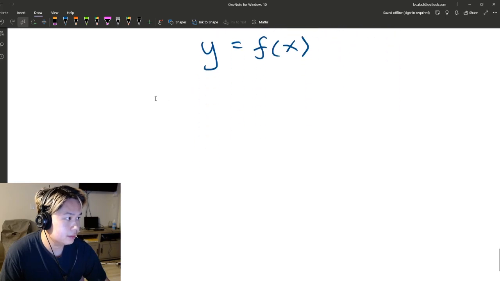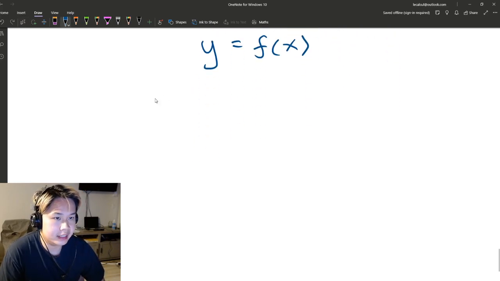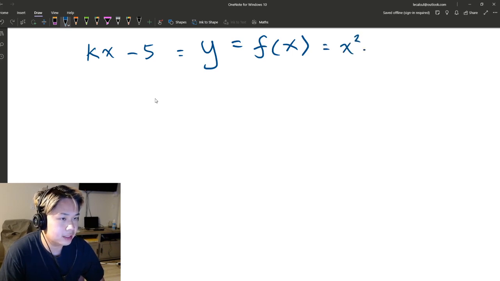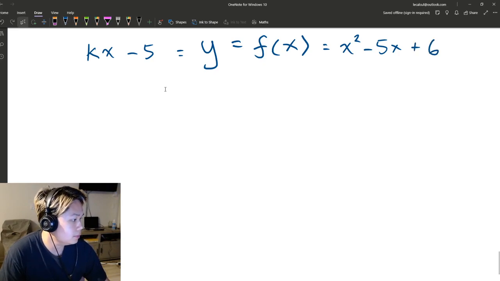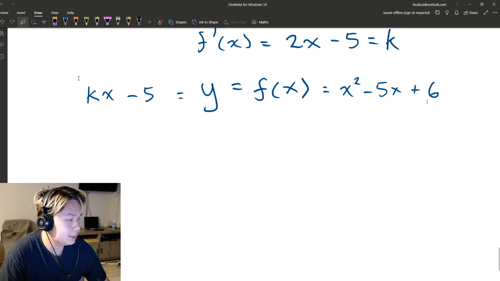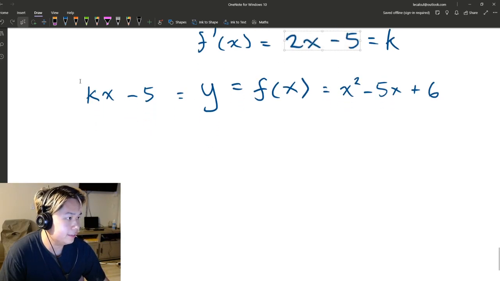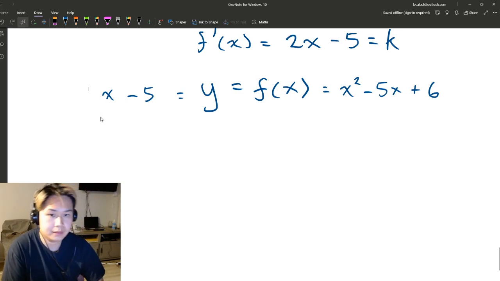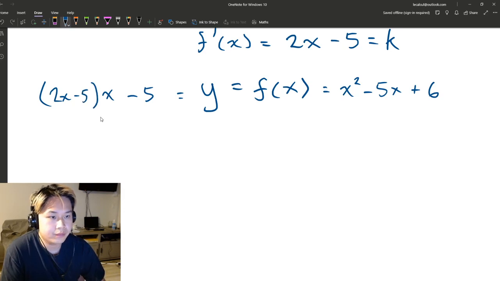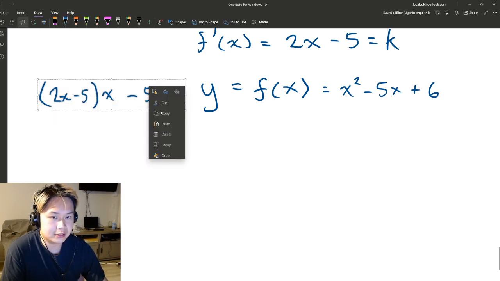So what does this mean? This means that this, which was kx minus 5, needs to be equal to x squared minus 5x plus 6. And then we make a substitution here, and then we know that k is 2x minus 5. And you can see we have this equation.